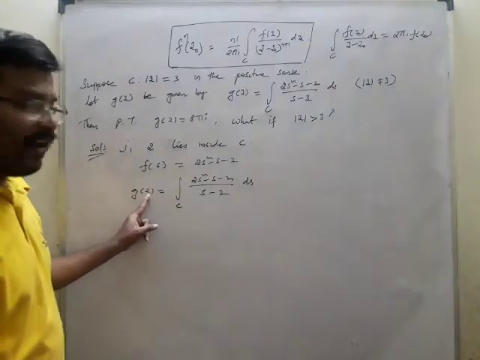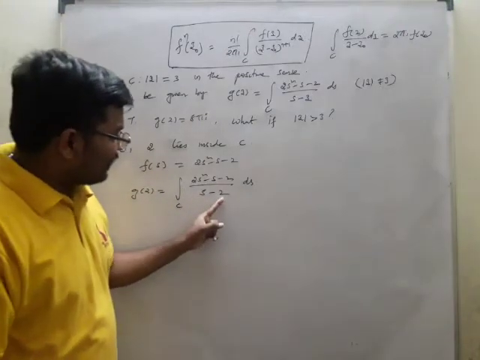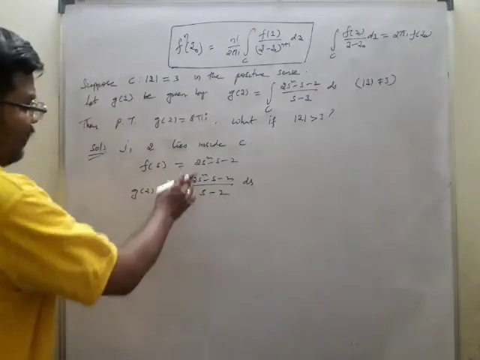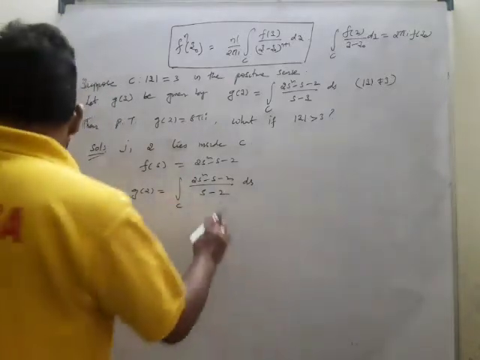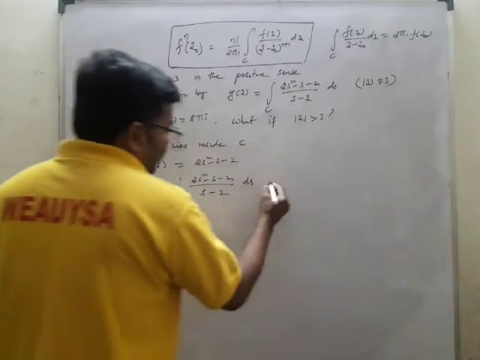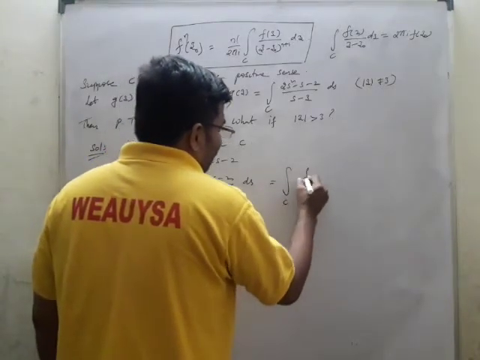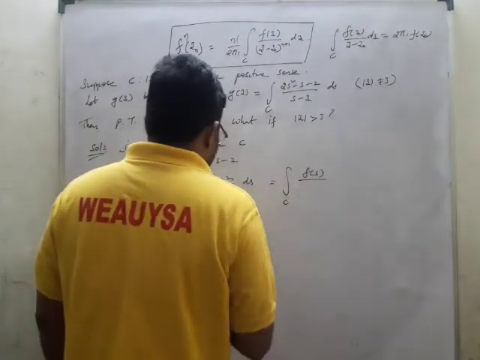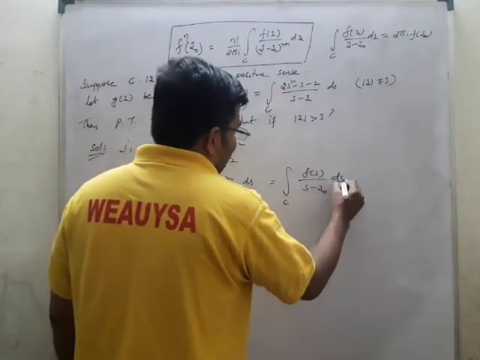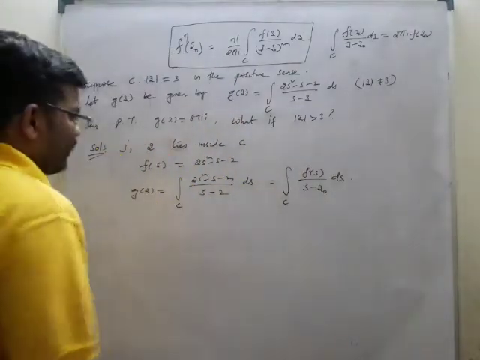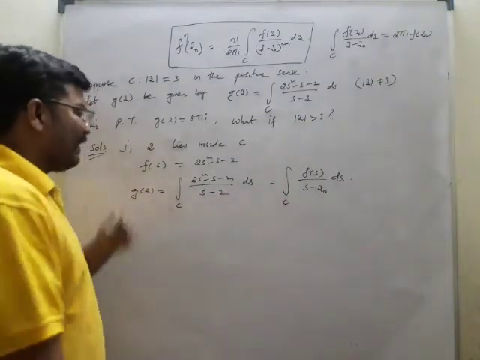Here this is z naught. Now we are going to use Cauchy's integral formula for this. It is in the form of the integral over C of f of s by s minus z naught ds, and in the place of z naught there is a 2.